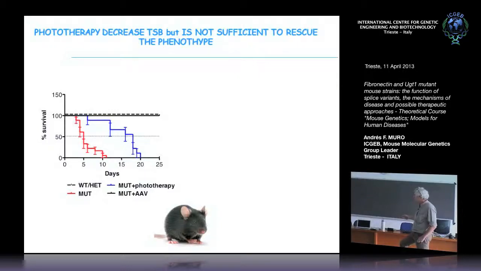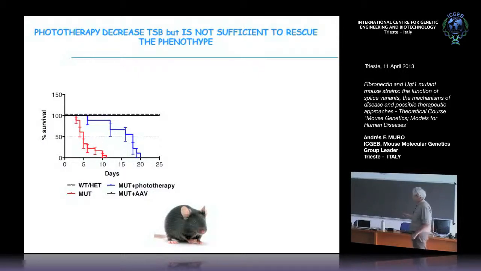These are mutant animals that were treated with phototherapy all the time, not only 1 week, under continuous phototherapy, 12 hours a day. Even if the lifespan of the animal was extended, the animals finally died. These are the treated animals that behave the same.